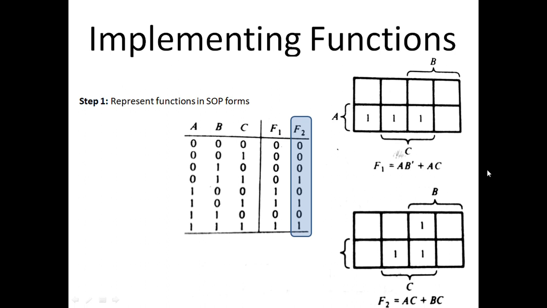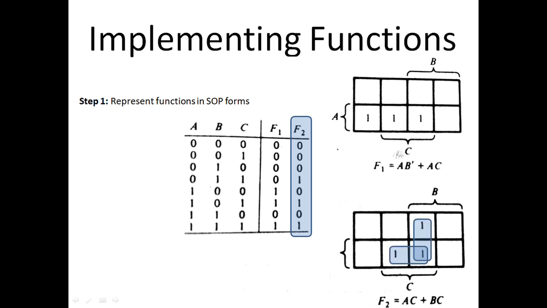Similarly, let's simplify Boolean function f2. Just like f1, this is a 3 variable Boolean function, so we can create a 3 variable K-map for it, map the values over and simplify it. After writing the values over to the map, we get this map. The empty squares represent 0. Again, we can group them.